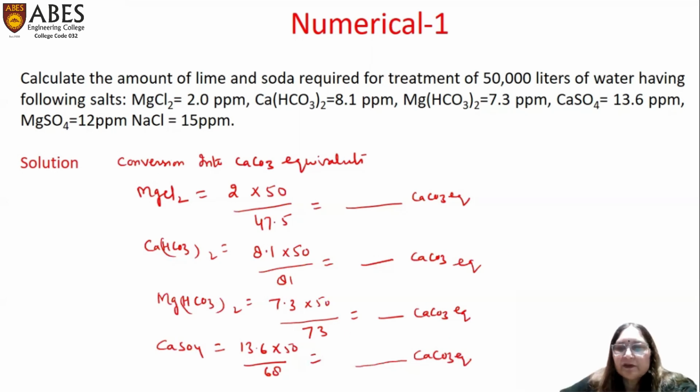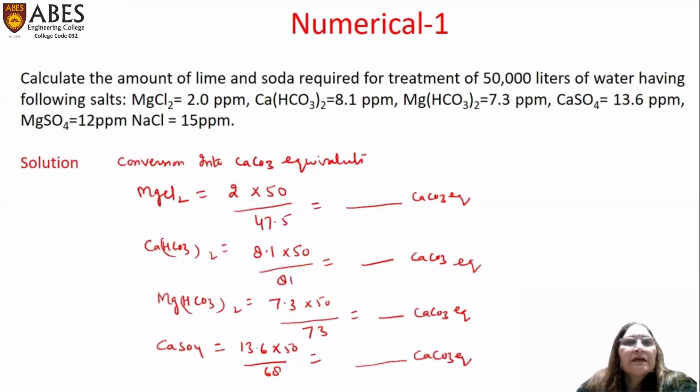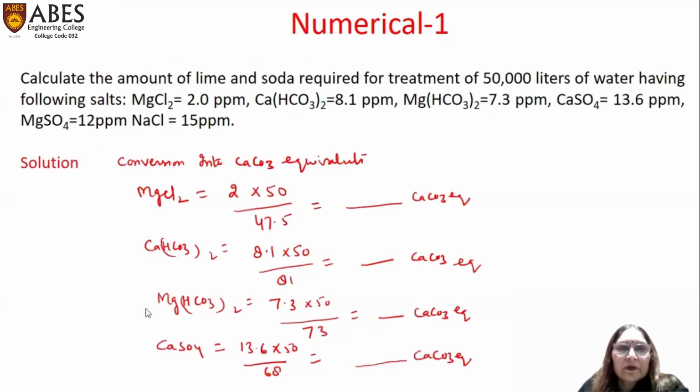And magnesium sulfate: the amount is 12 ppm, 12 into 50 divided by 60, calcium carbonate equivalent.